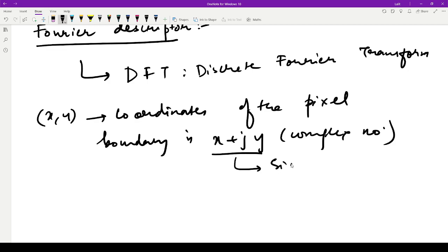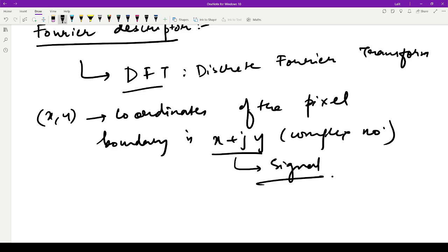Once we have the signal, we can take a Fourier transform of it. We take a discrete Fourier transform based on the number of points you have, and you can recover the signal to a really good extent.